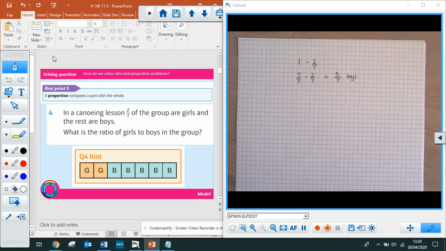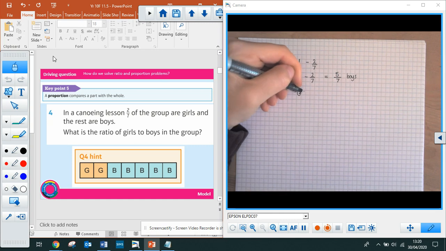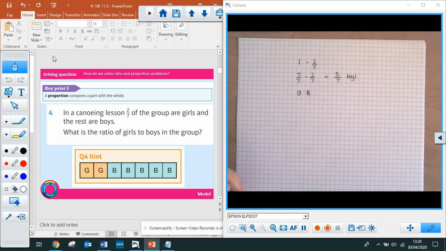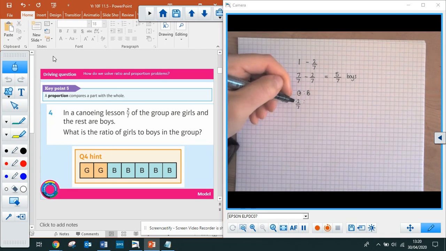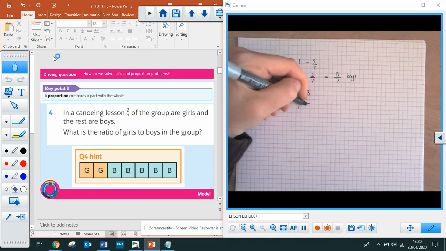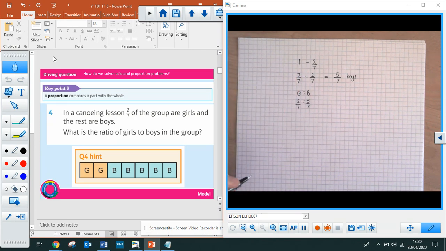However, to visualize it, remember, we have a ratio of girls to boys. That's what we're looking for, girls to boys. 2/7, 2 out of 7 in total, that's what that means. 2 out of 7 parts are girls. So how many out of 7 parts are boys? Well, it's going to be 5 out of the 7 parts, okay?